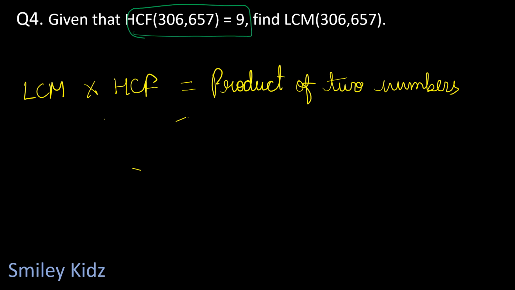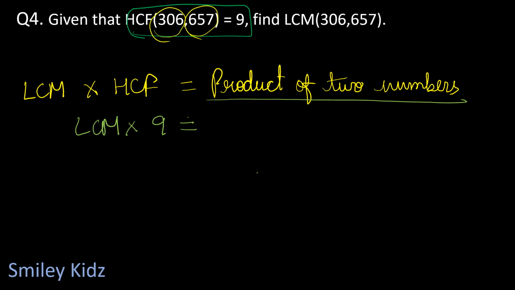Now what is the HCF and LCM? It is known to us that the HCF is 9. We don't know the value of LCM, and that is what the question asks us. We know that LCM times HCF is equal to the product of the two numbers, and the two numbers are already with us.